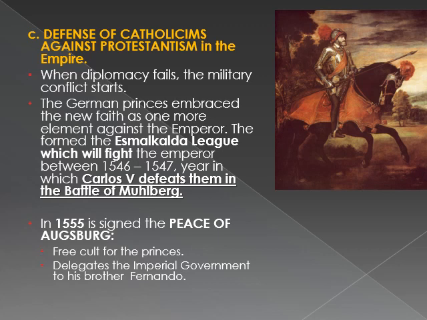And the final conflict is going to be the defense of Catholicism against Protestantism in the empire. We've already talked about this because we were discussing a lot about the Protestant Reformation and Lutheranism. Charles V, at the beginning of his life, was very influenced by the way of thinking of Erasmus of Rotterdam.